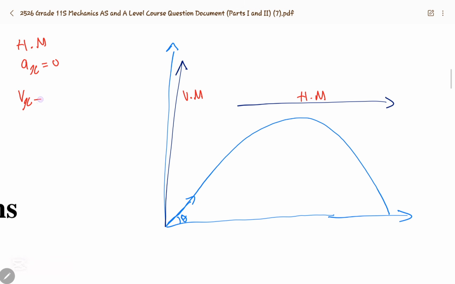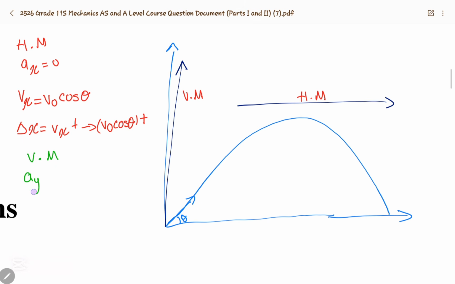The equation to find the velocity on the x-axis is v0 cosine theta. Now, how do we find the displacement, which is delta x? It's very simply velocity x times the time, or in expanded form, v0 cosine theta times the time t.